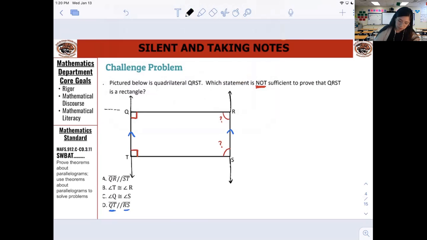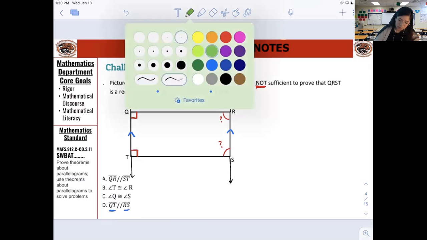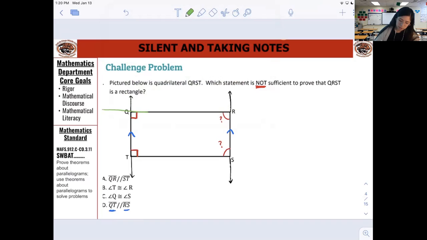A transversal. Yeah, I have a transversal. Think about it this way. QR would be a transversal, wouldn't it? Would we agree? QR would be a transversal of those two parallel lines. Well, what do we know about transversals? What can we figure out if you have a transversal?